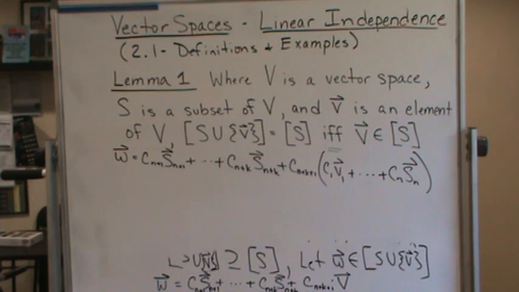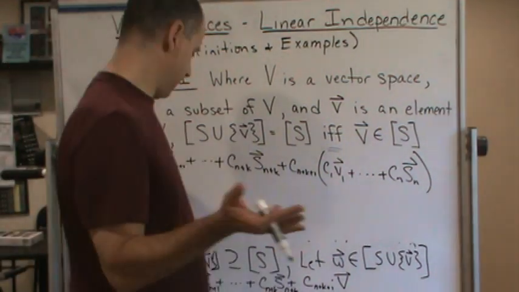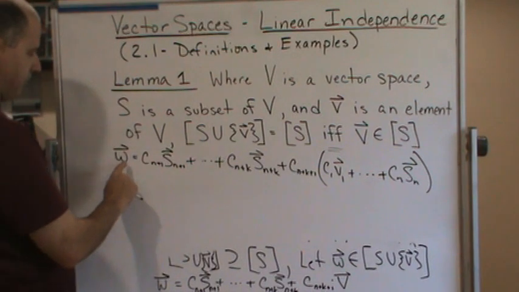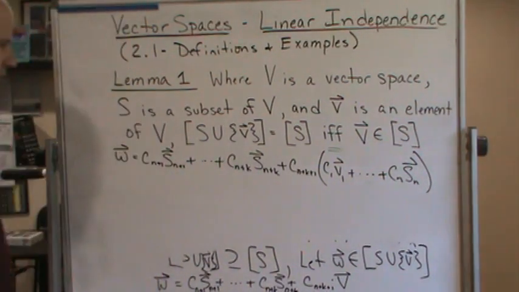Now, we recognize the right-hand side of this as a linear combination of linear combinations of the vectors in S. So again, the linear combination lemma comes into play because we just showed that this is a linear combination of linear combinations.